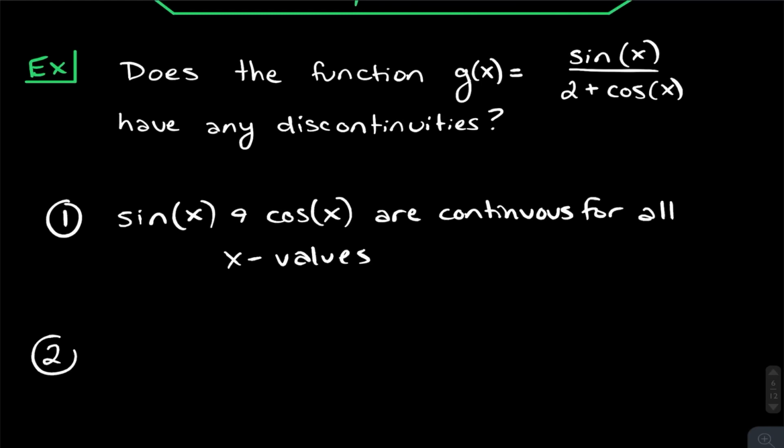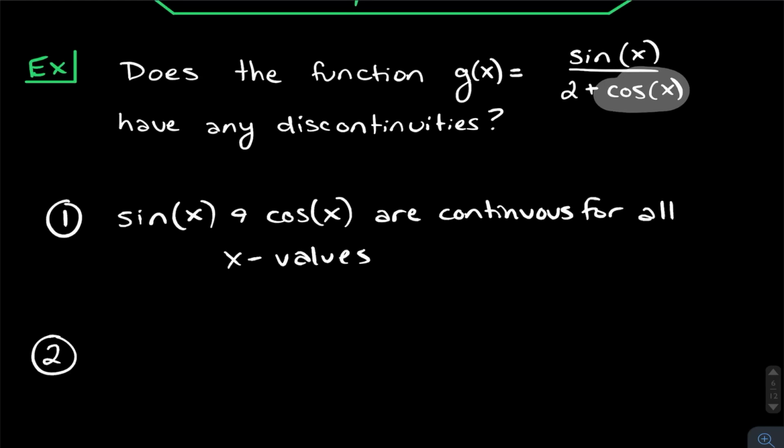Number 2 is, does this denominator ever go to 0? That would be the only other source of discontinuity that we would get. Well, what would make this denominator 0? If cosine x was -2, that would give us a denominator of 0.